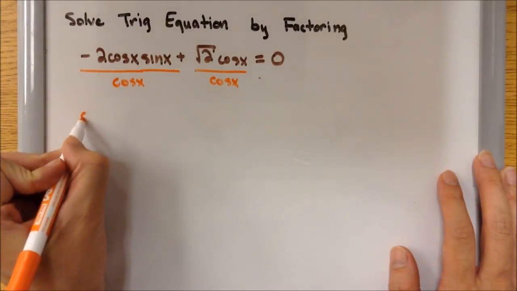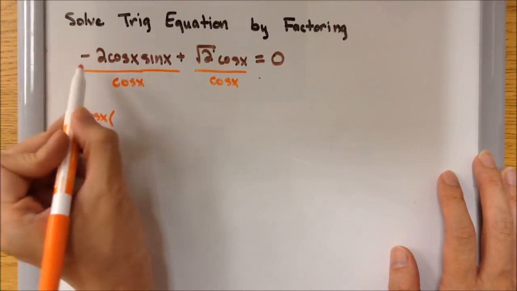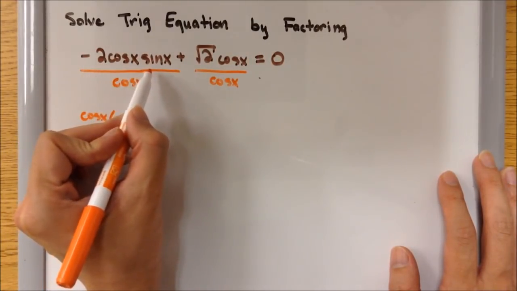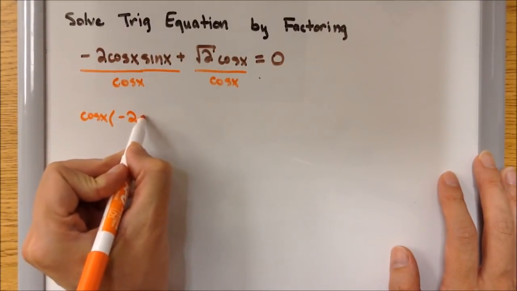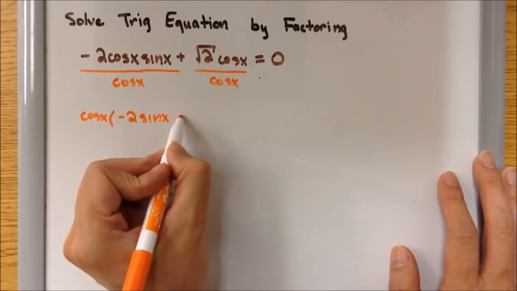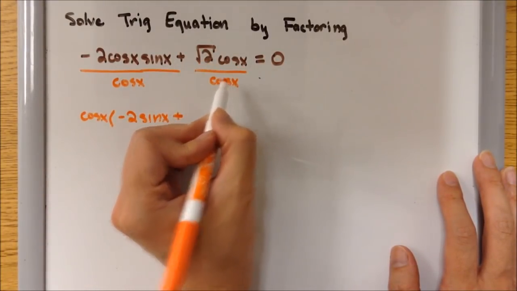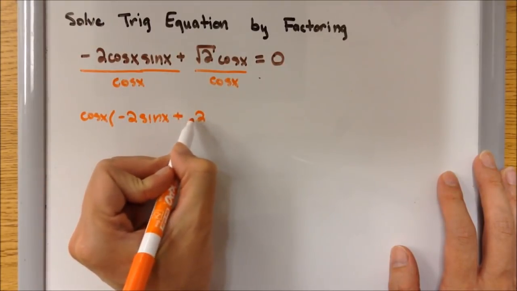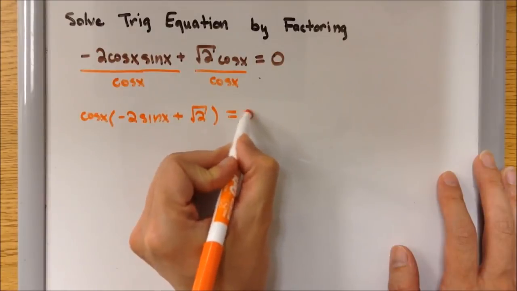So cosine of x, open parenthesis, negative 2 cosine of x sine of x divided by cosine of x will be negative 2 sine of x, and plus the square root of 2 cosine of x divided by cosine of x will be square root of 2, close parenthesis, equal to 0.